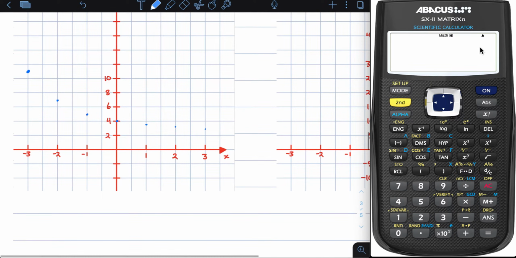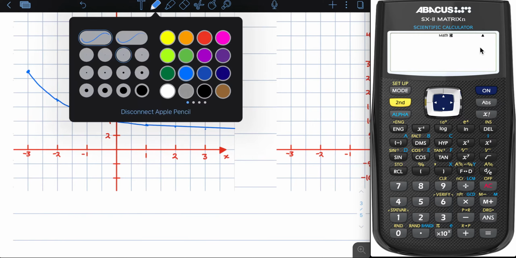So the graph should look somewhat, oops. Hope you're using pencil for this. For this one, again, I'm just going to draw a straight line on that line 3.